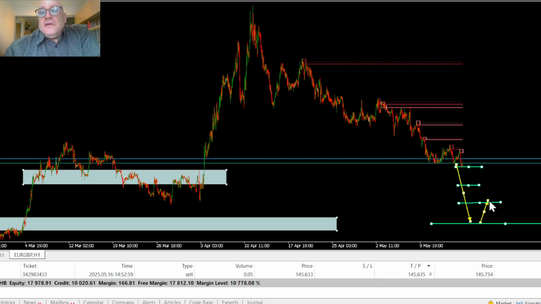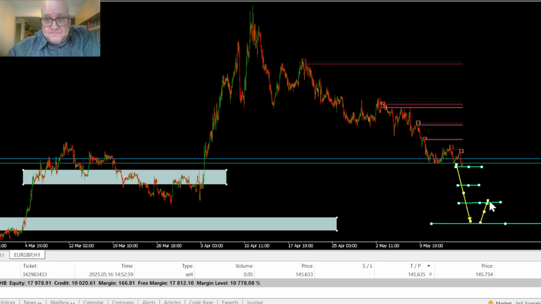So just put your buy or your sell in wherever you think it's going to go. If it goes against you, wait until you get down to the next support or resistance and put another trade in, same as the first one. Then if it keeps going down, put a third one at the next support or resistance after that.